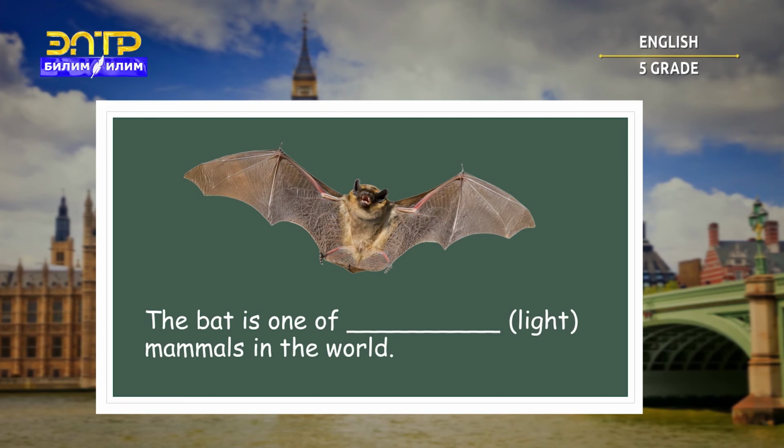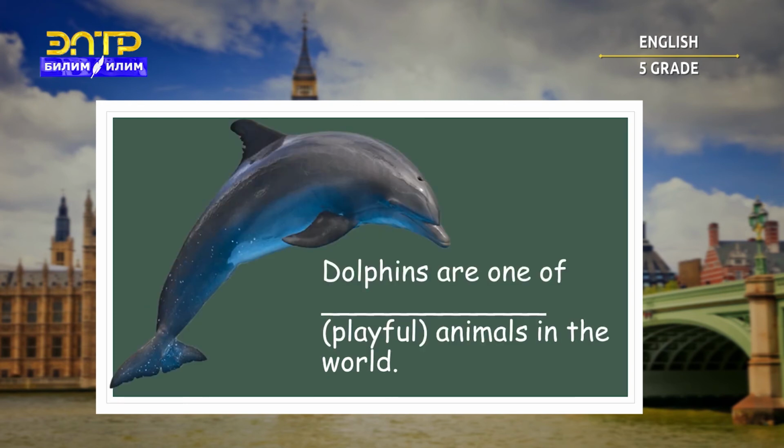You should know the superlative form of the adjective light. The bat is one of the lightest mammals in the world. Try to think about the superlative form of the adjective playful.